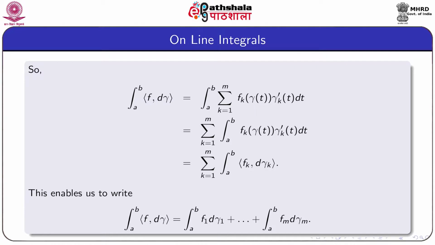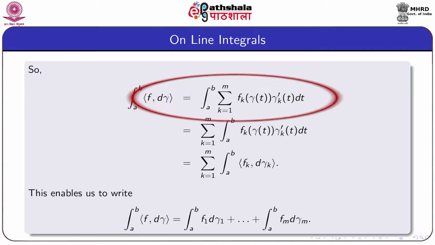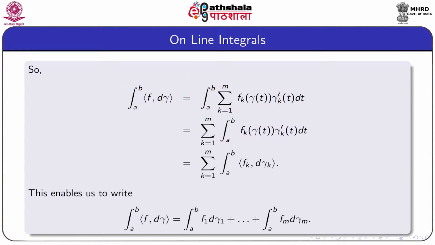As a result, we can check the line integral from a to b of f d gamma equals the integral from a to b of the summation k equal to 1 to m of fk(gamma t) gamma k dash t dt. Here the summation and integration change their place. So, we have the summation k equal to 1 to m of the integral over a to b of fk d gamma k.